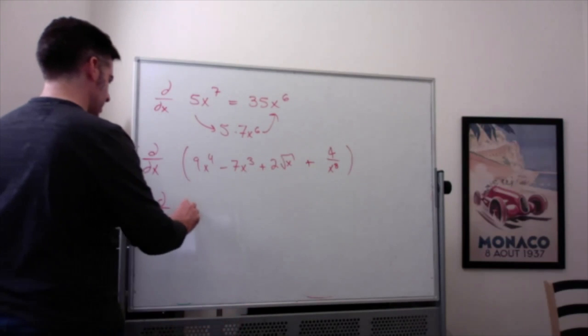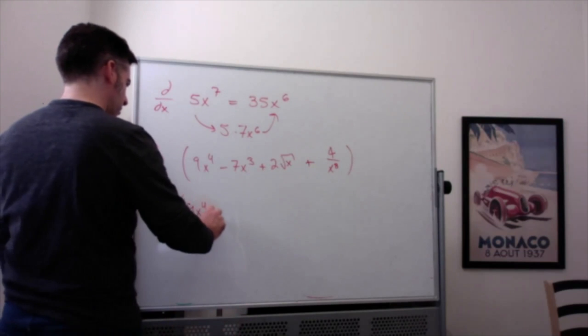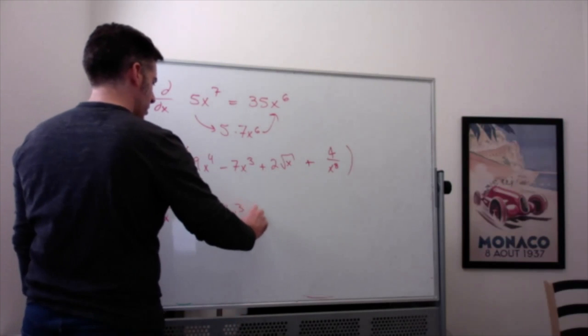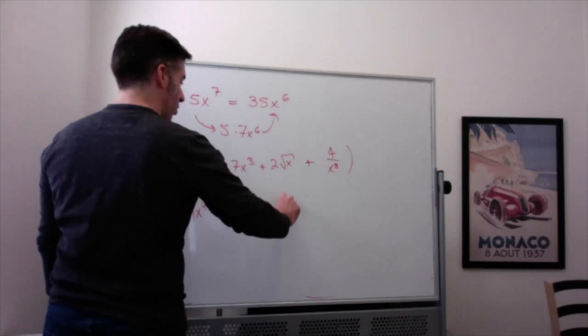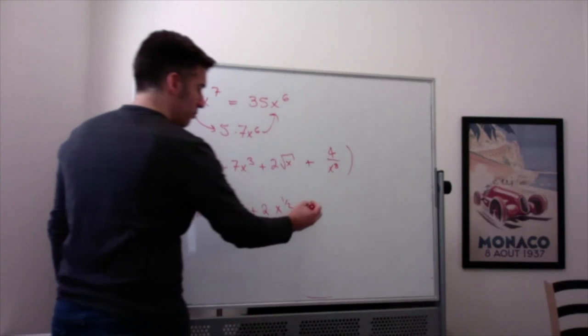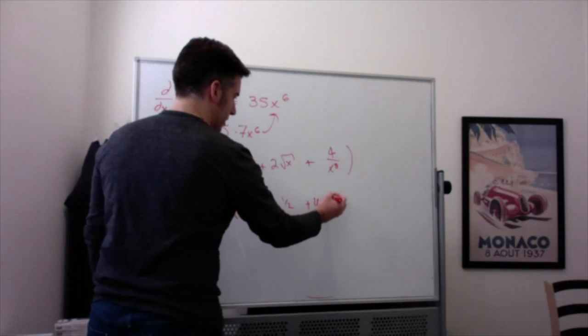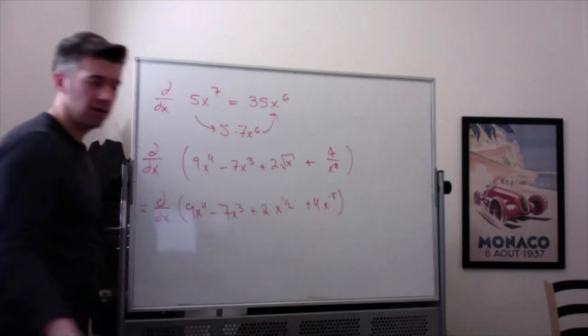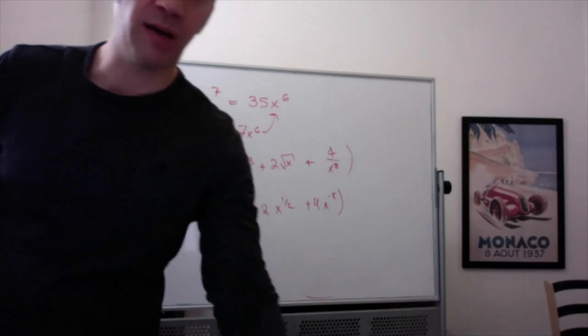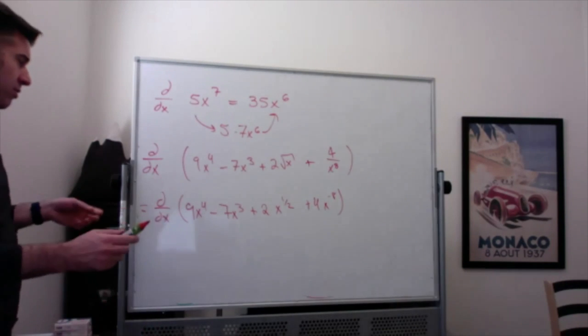So I'm going to write this as 9x to the 4th minus 7x cubed plus 2 times x to the 1/2 power plus 4 times x to the negative 8th power. Because now they're all written as some constant times x to a power.